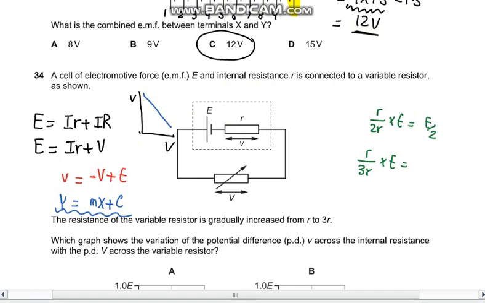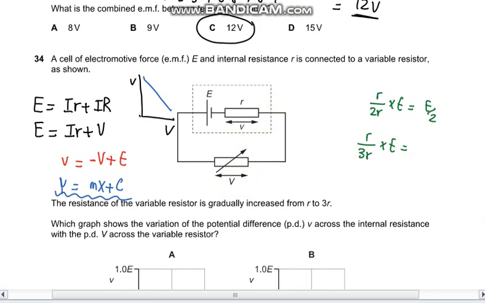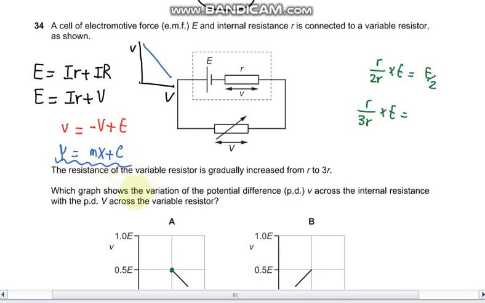Now question number 34 says that an EMF is shown with its internal resistance r and a variable resistor R. It asks which shows the graph of the variation of the potential difference v across the internal resistance with the potential difference capital V across the variable resistor.